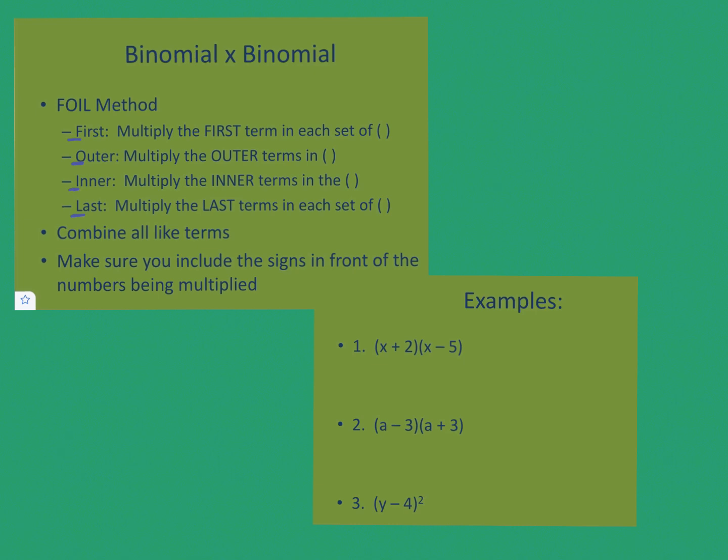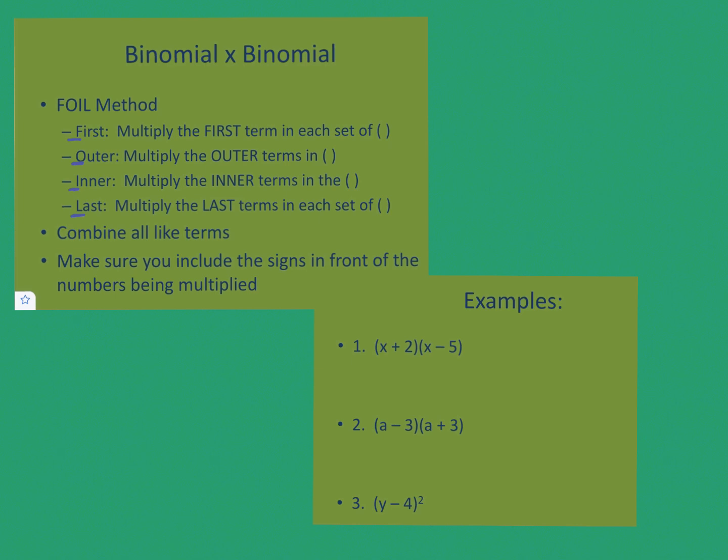Some of these questions, your answers might end up being binomials because of the way that things combine. Some will end up to be trinomials. Some might work out that there's 4 terms as polynomials. So as long as we just follow the pattern, we should be good to go. Again, if at any point you need to pause to get the notes down, please feel free.